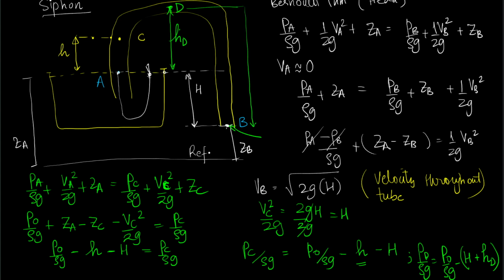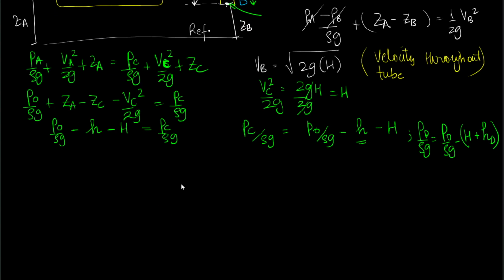This entire height is equal to capital H plus h_D. So this brings us to the conclusion that the pressure in the hydraulic circuit is minimum at the highest point in the circuit, and the difference between that pressure and the atmospheric pressure is given by this equation.